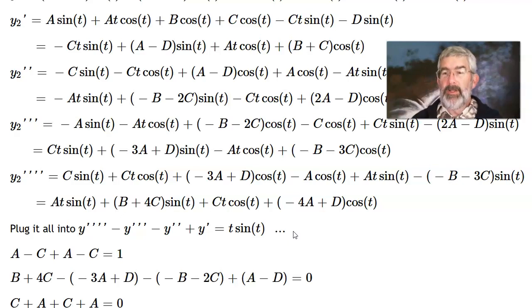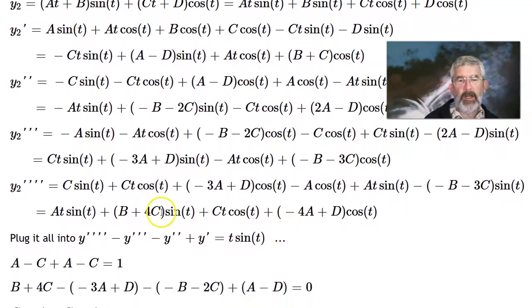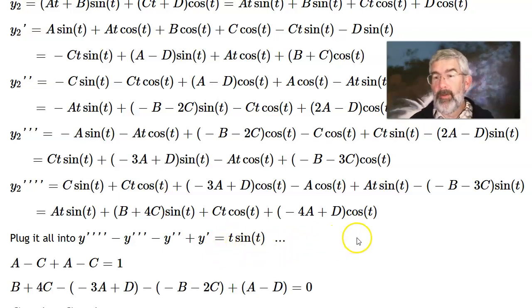What I then look at is, once all those things are added up, what are the coefficients in front of t sine t? What are the coefficients in front of sine, t cos t, and cosine t? And what I know is that I need to have a 1 in front of t sine t and a 0 in front of all the others.